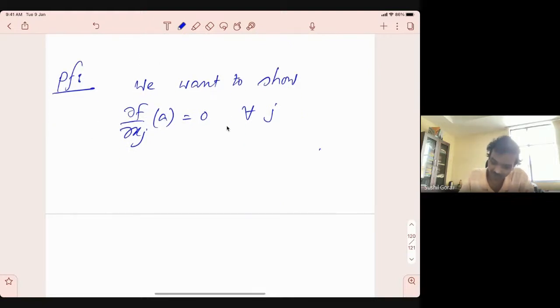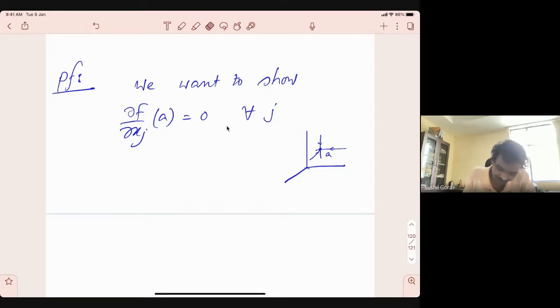Now a is a point here somewhere, let's say here. You consider this direction, this direction, this direction, each coordinate direction.